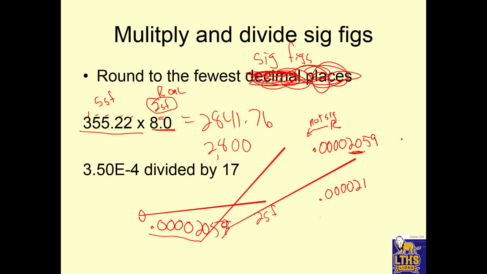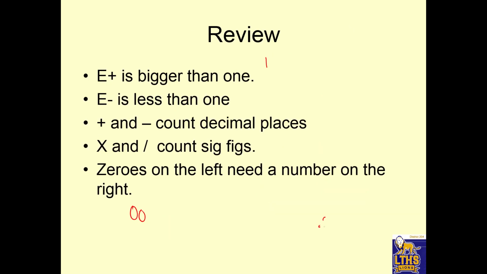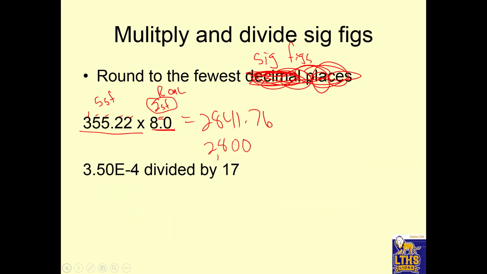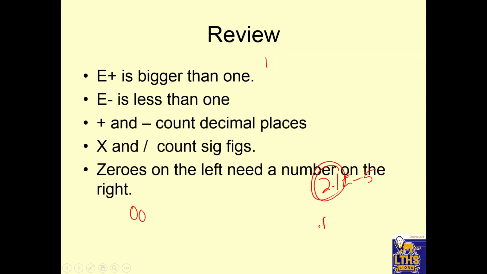If I were to put that in scientific notation, and I should, it would be 2.1 E negative, let's see, 1, 2, 3, 4, 5, E negative 5. Okay. So now we'd have 2 sig figs.